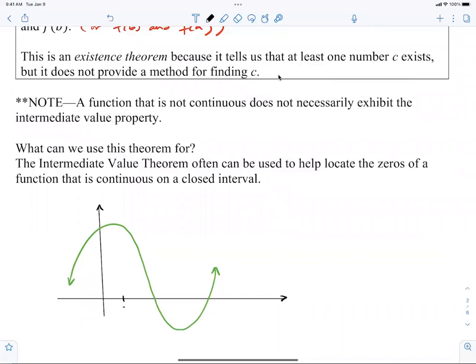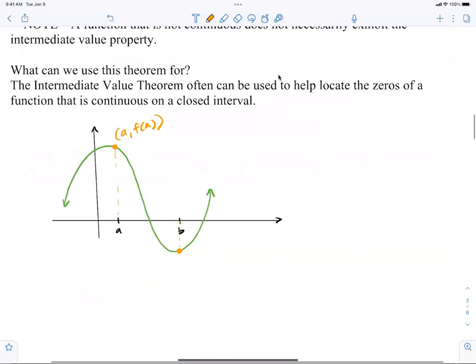And let's say that this is x equals a and b. If the function values at the endpoints are different signs, plus minus, there must be at least one zero on the interval from a to b.